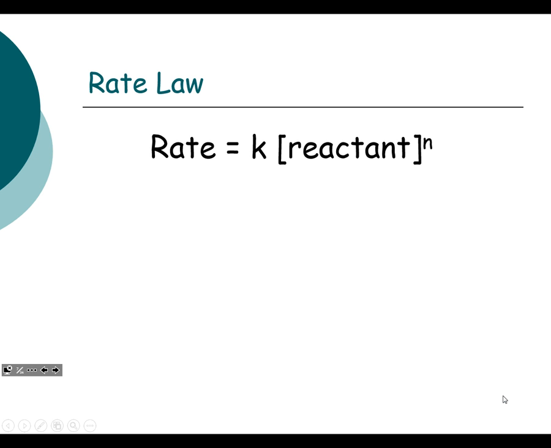Notice we are only talking about the reactant, and we are going to completely ignore the products. Also be aware that this is the simplest rate law. We could have another reactant over here, raised to another order. This could just keep going on and on in the problem. It doesn't have to be just one reactant. It could be multiple reactants.